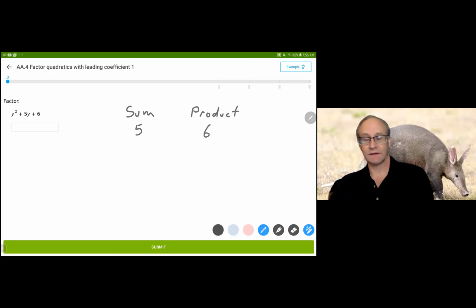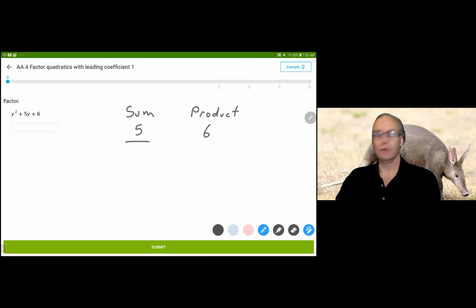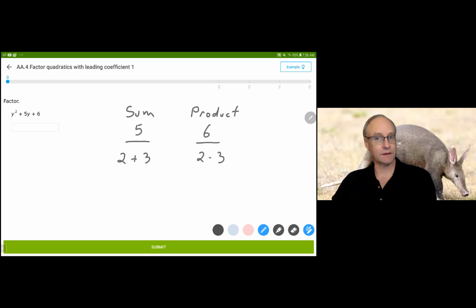It's kind of interesting. So what two numbers do we add and get 5, and we multiply and get 6? And most people are aware that 2 plus 3 gives us 5, and 2 times 3 gives us 6.